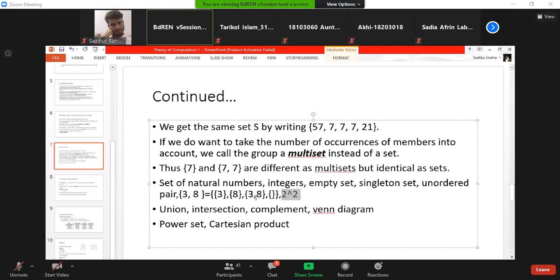It is 2 to the power of the number of elements in the set. So see this carefully. The elements inside the power set, we have kept them inside curly brackets. So see this carefully, because when we talk about Cartesian product, these things are going to change.